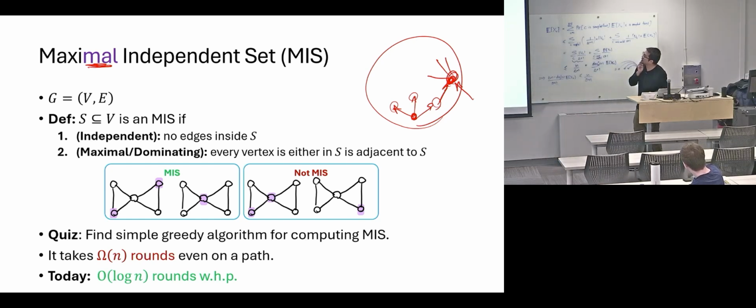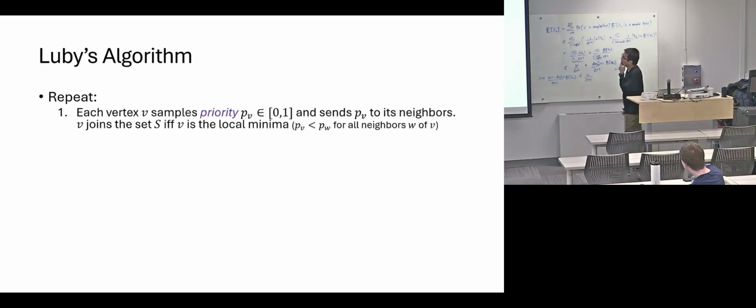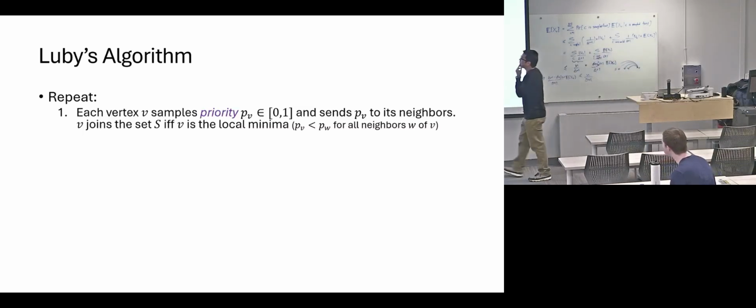And this algorithm is actually really old, but there is a new analysis that is nice. Okay, the algorithm is here. First, each vertex will sample a random number between 0 and 1, call it the priority of that node.